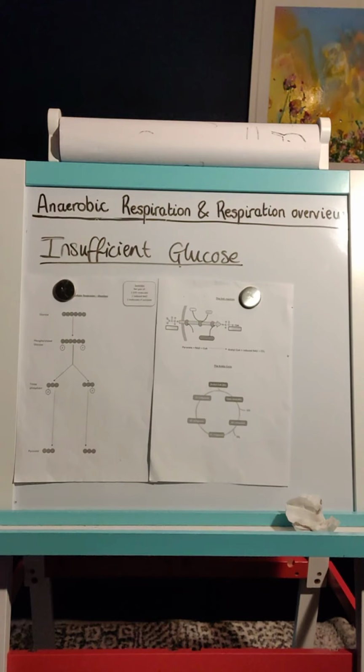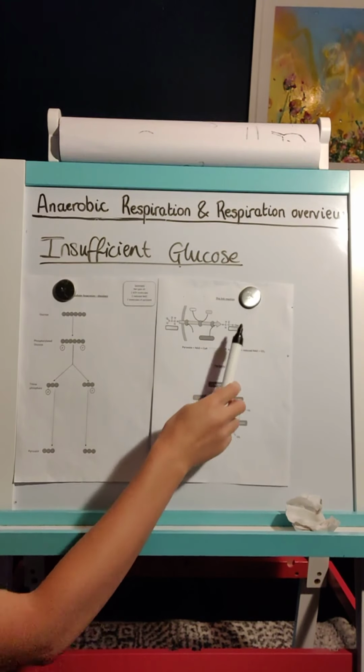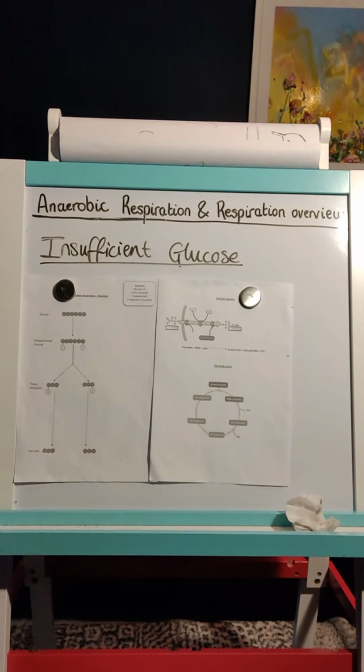So when there's not enough glucose available, then we have proteins and fats that are going to be fed into this and then will eventually lead to the electron transport chain and some production of ATP. So if proteins are used, proteins can actually be broken down first of all into amino acids, and then those amino acids can be converted into acetyl coenzyme A. So here, end of link reaction, start of the Krebs cycle.